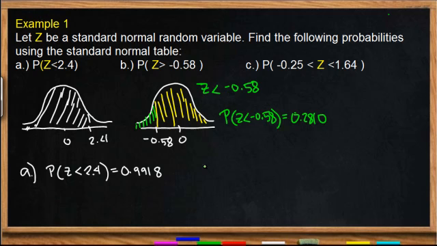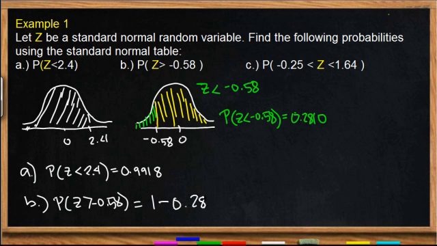And therefore, the answer to letter B is just 1. The probability that z is greater than negative 0.58 is equal to 1 minus the probability of the green area. Common sense applies here: the yellow area is not in the table, but the given one is just the green area. So 1 minus that, since the total area is 1. That is the method of difference.